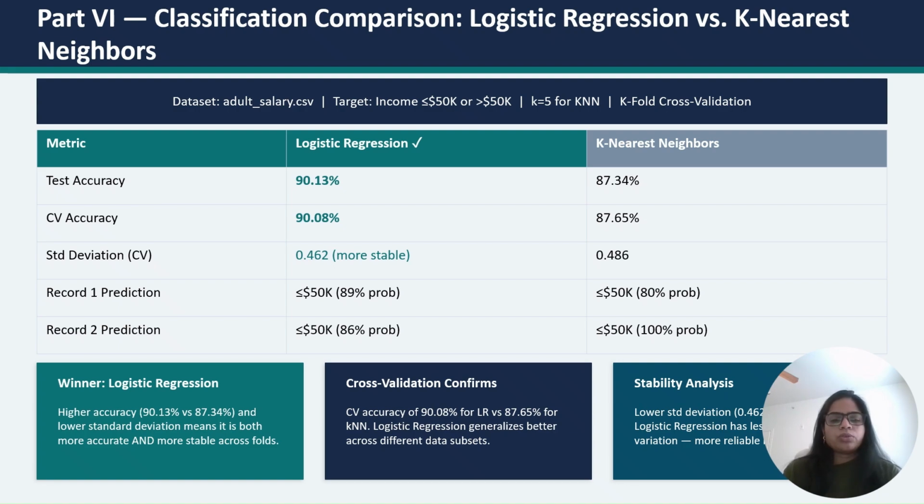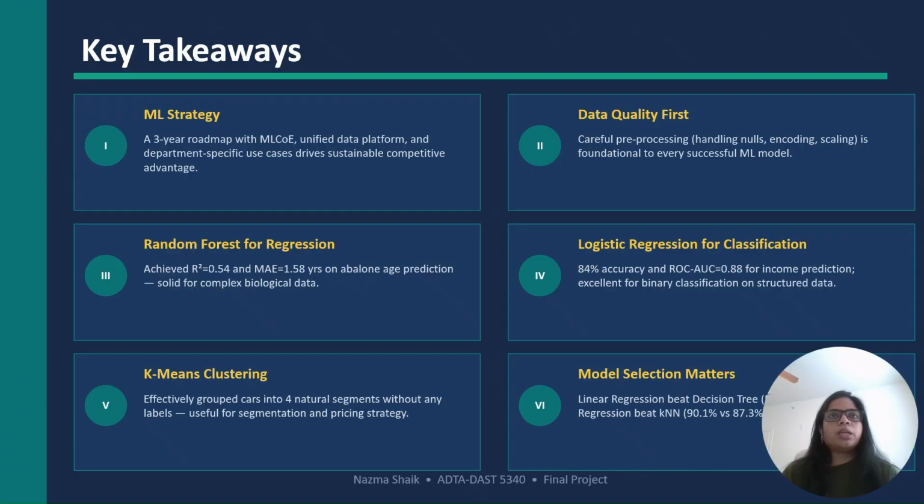Now, when it comes to the last part of this project, I will be discussing the key takeaways from my understanding. So far I have discussed the machine learning strategy of the ABC firm, where we concluded how the ABC firm is going to adopt machine learning strategies.